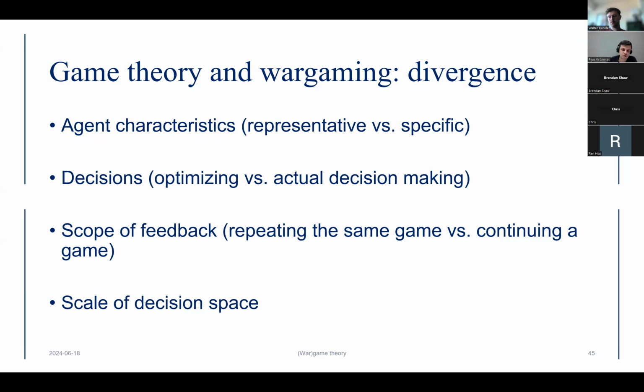But the decision space is also way more narrow in game theory to make it workable, because you're trying to find a solution, and the more different possible actions you include, the more difficult it becomes to identify those solutions or find those equilibria.